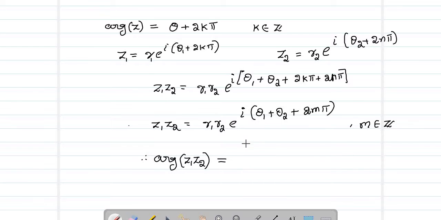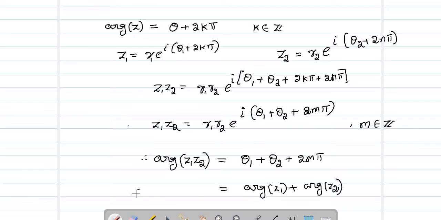If you look at it, this is theta 1 plus theta 2 plus 2m pi. So you can clearly say that this is exactly the argument of z1 plus the argument of z2. Therefore the property we have is that the argument of z1 times z2 equals this.